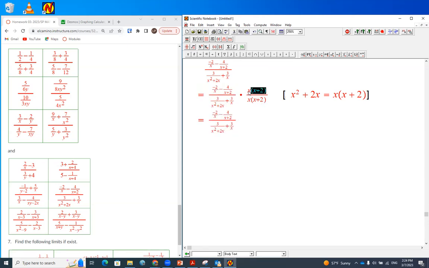And we take the numerator times the numerator, right? We're going to multiply. We take the denominator as a common denominator, least common denominator, and do the same. And then we're going to reduce it.